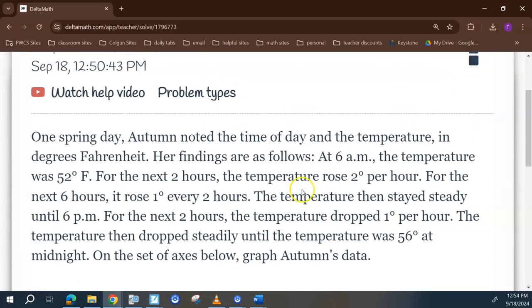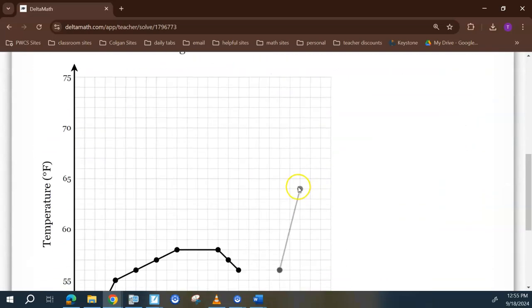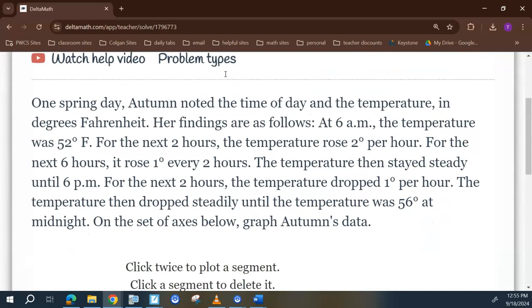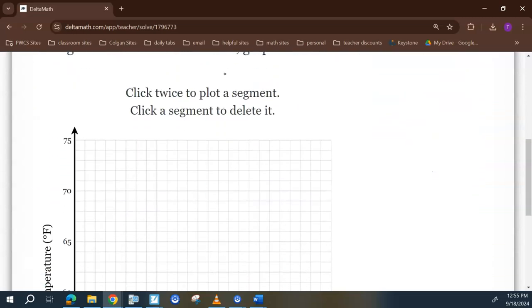It was 6 hours, but you did 4 hours. Is that what I did? Because that's 1, 2, 3, 4, 5. No, it is for 6. I start here and I go up 1, 2, that's 2 hours, 3, 4, 5, 6 hours. Then it stays steady. And then the temperature dropped 1 degree per hour.